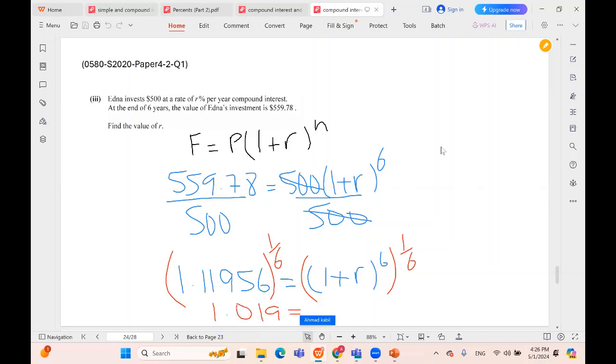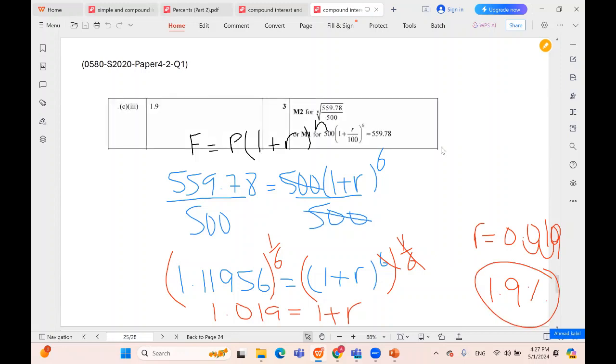And this is equal to 1 plus R, because these cancel out. We subtract 1, so R is 0.019. We can multiply by 100, and we get 1.9% as a final answer. And this here is correct.